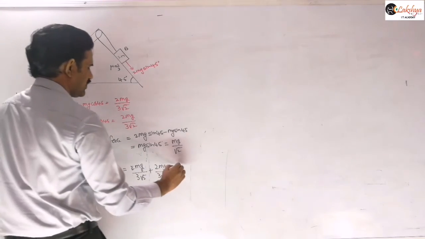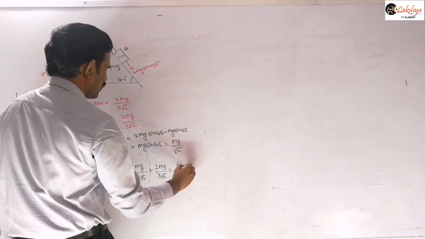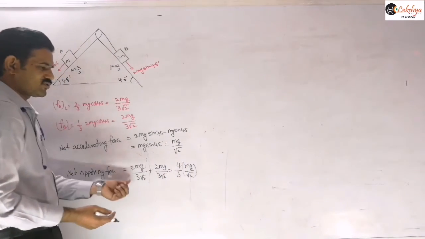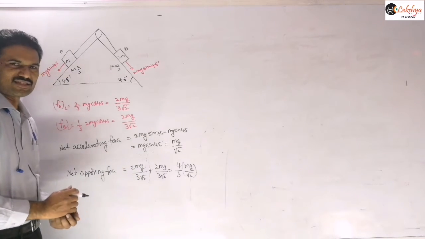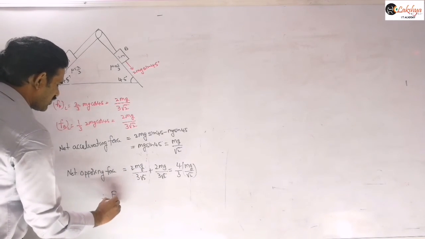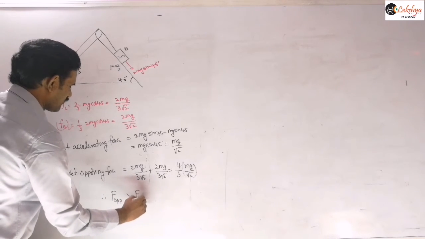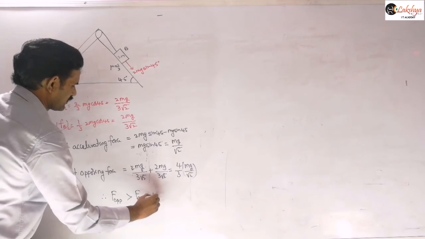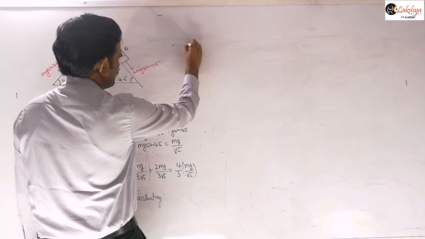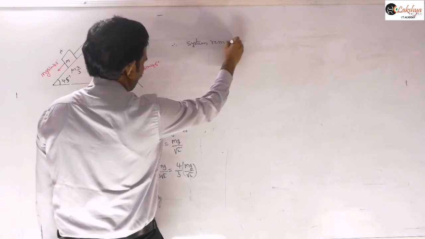So this value will be 4mg, so 4 by 3 into mg by root 2. Now clearly you can observe that this opposing force is greater than the accelerating force here. Therefore the net opposing force is greater than the accelerating force, right? Therefore we can conclude the system remains at rest. System remains in equilibrium.